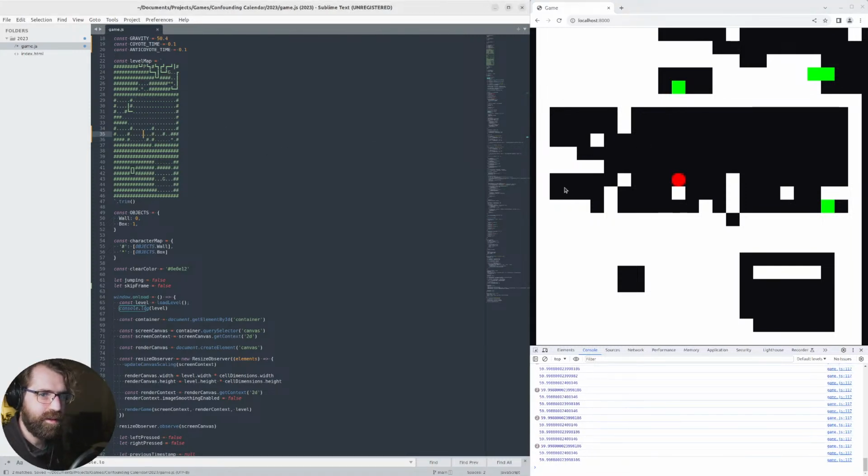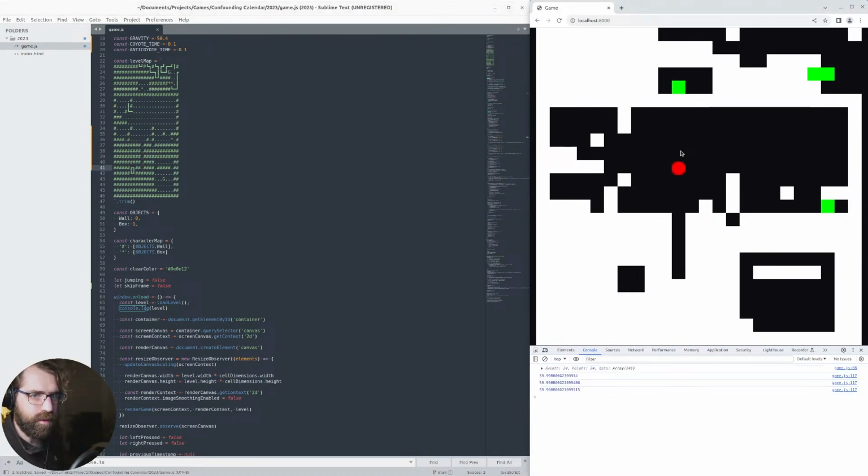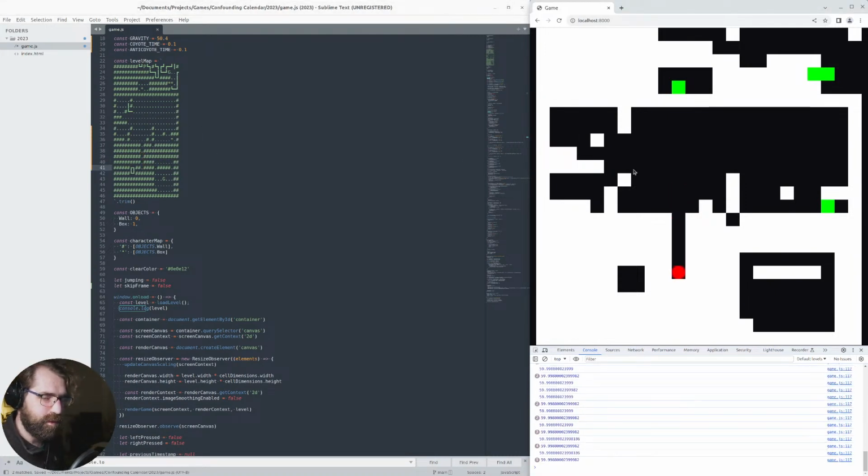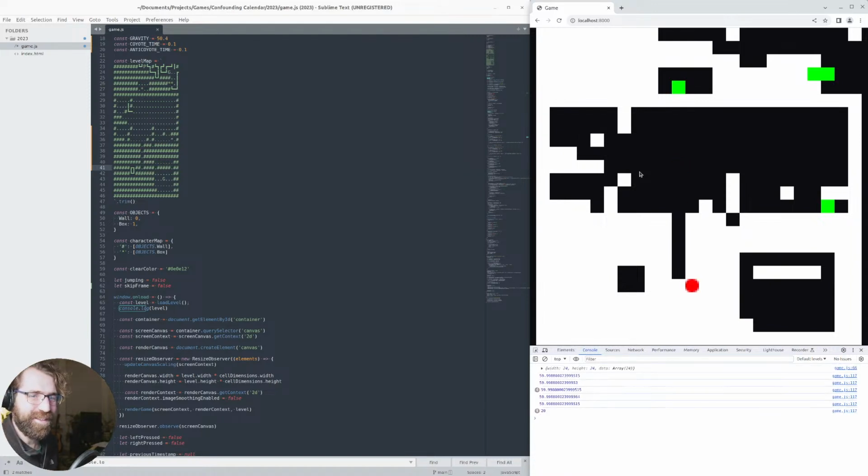I land here. Okay, so that doesn't go through the ground. Does that go through the ground? Nope. Does it if I do this? Yes. So if I drop those frames, then I go through the ground.